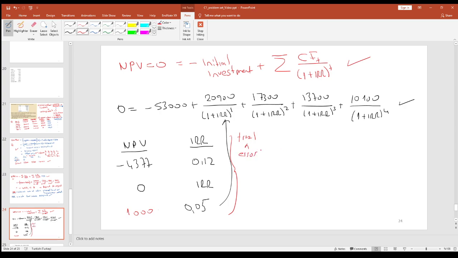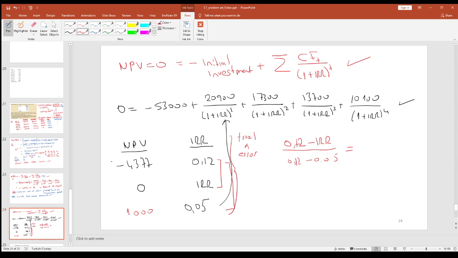The next part is the interpolation method. So let me show you. Now from 12% to the internal rate of return, the difference between 12% minus internal rate of return will be proportional to 12% minus 5%.